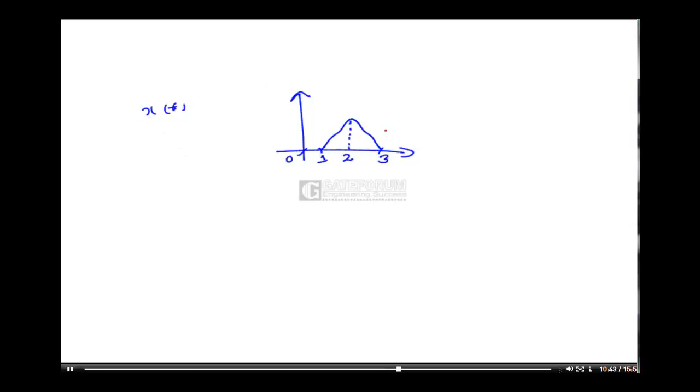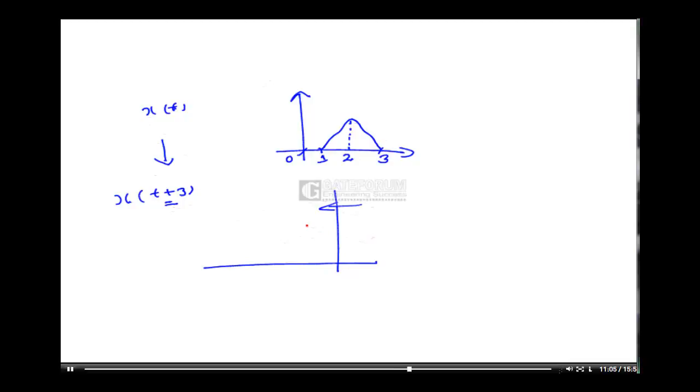Then from this, if I want x of t plus 3, then I have to shift it by 3. Since it is a plus 3, that means it is shifted to the left hand side.